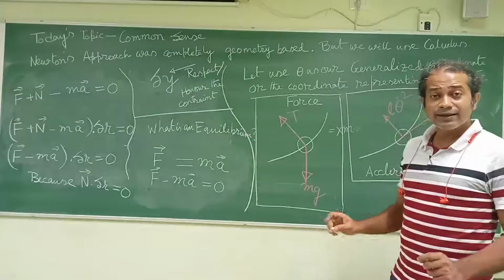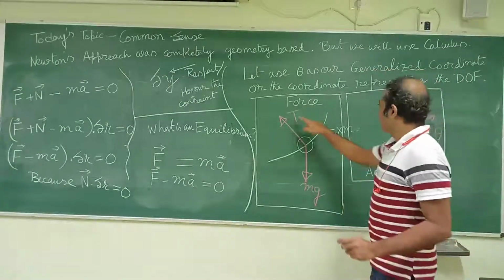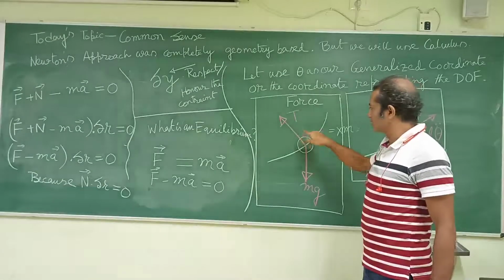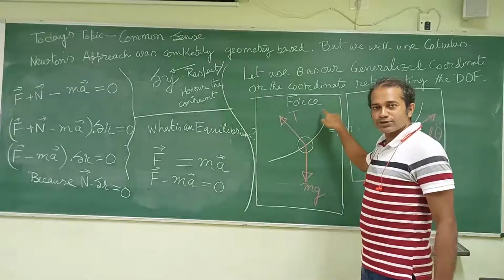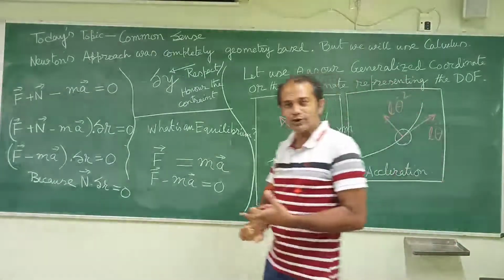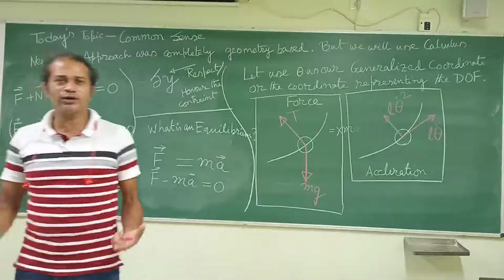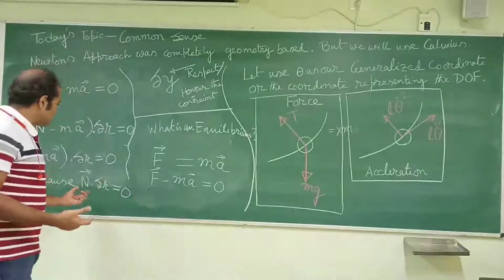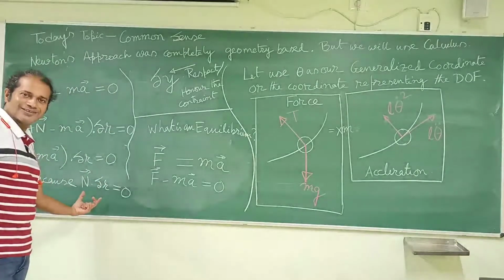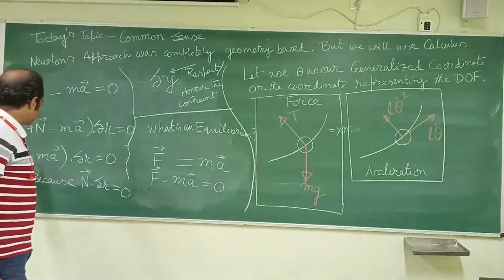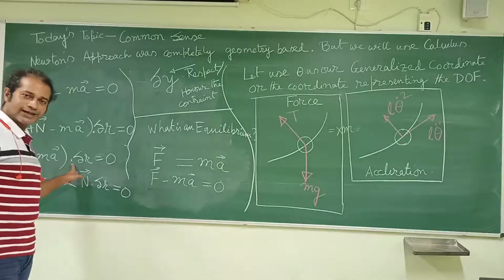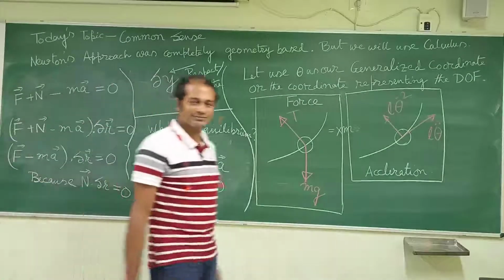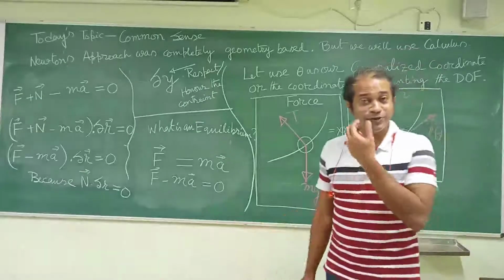N is the constraint force. Look carefully that this force is not going to do any work in the direction of motion. They are absolutely perpendicular, and that is what happens to any constraint force: it does no work. So essentially you get F minus ma dot delta R, where R is a vector, equal to 0. And this is the principle of virtual work.